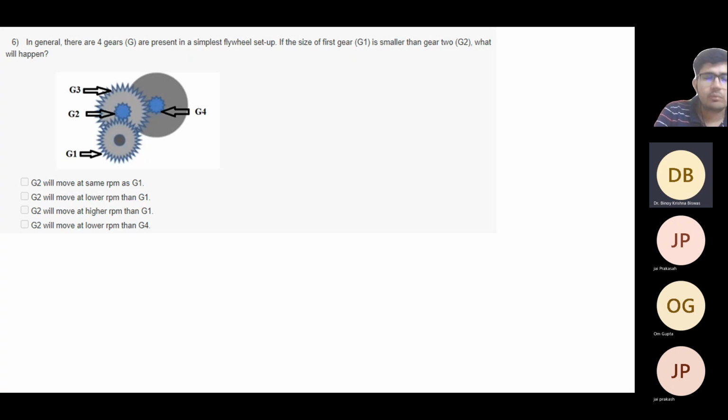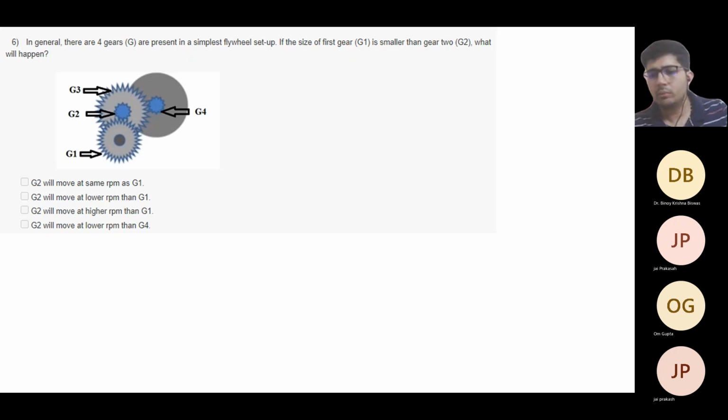The reason behind that is gear 2 and 3 are mounted on the same shaft, which will rotate at the same RPM. As the number of teeth here is high, it will be lower in speed. Yeah, right.